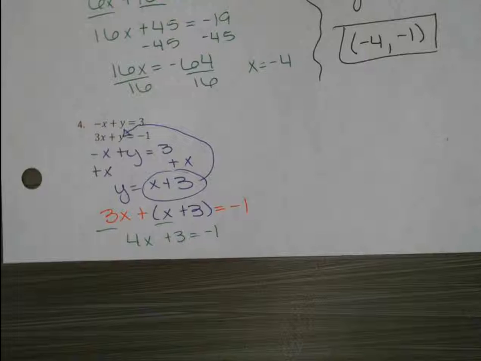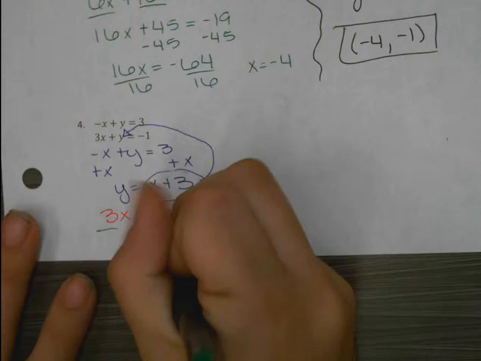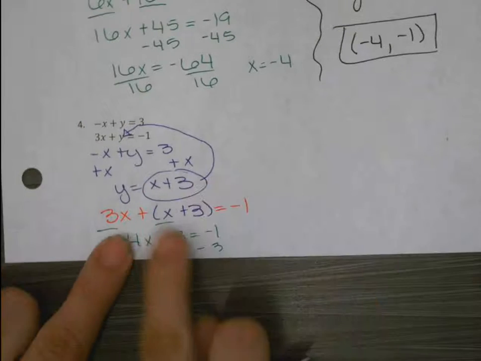Okay, what do I do next to get x by itself? Subtract the 3. I combine like terms.